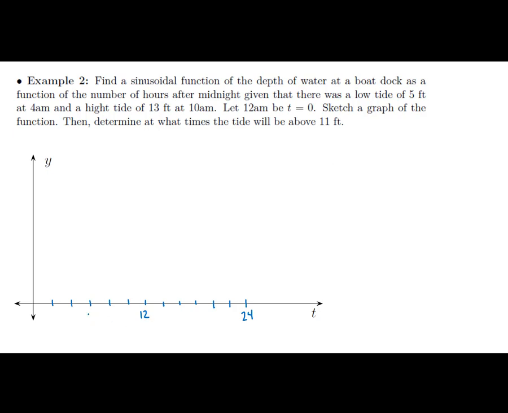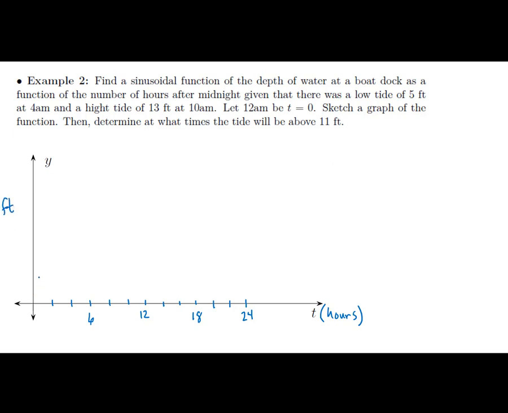And let's go ahead and put a couple other marks here. So here's 6, and then 14, 16, 18 right here. Okay, so that'll give us our keeping track of our time here. And let's just go ahead and label that t is in hours. And then up here we've got feet, of course.